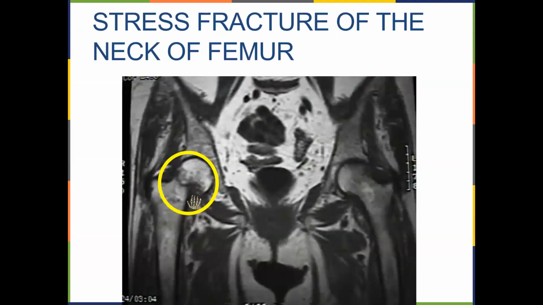Okay. Stress fractures, common fracture at the hip. When someone breaks their hip, they usually are breaking the neck of the femur. Now, this is an MRI, and this is showing the surface of the bone. It's not like an X-ray where you can actually see the presence of the calcium in the bone.